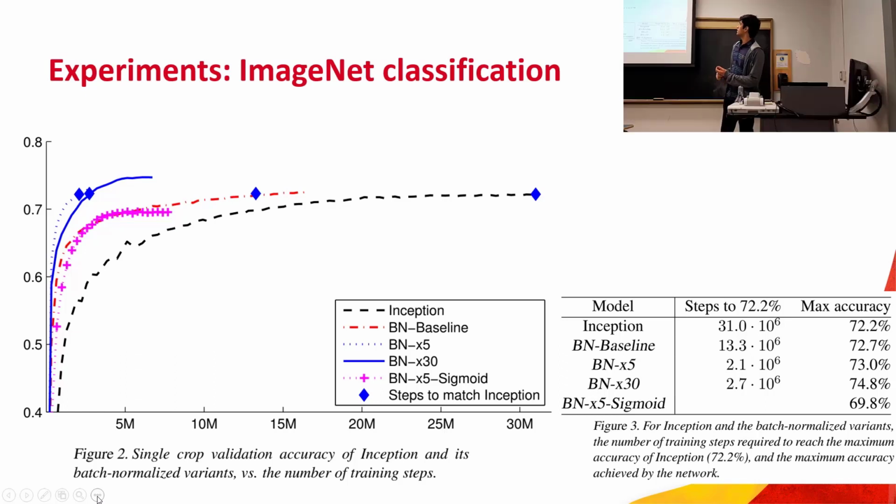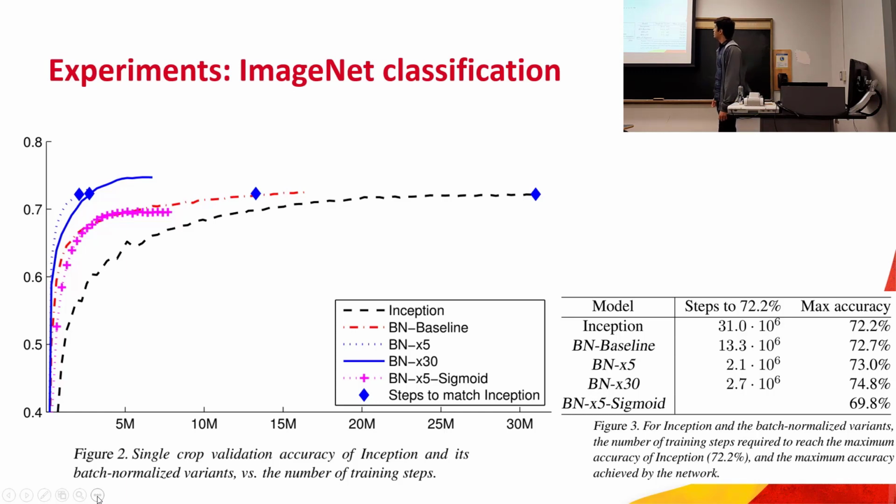The next thing is that batch normalization with 5 times the learning rate of the Inception is getting to a higher accuracy with really lower steps, 2.1 times 10 to the power of 6. And it gets to 73% accuracy, and that's really interesting to see.